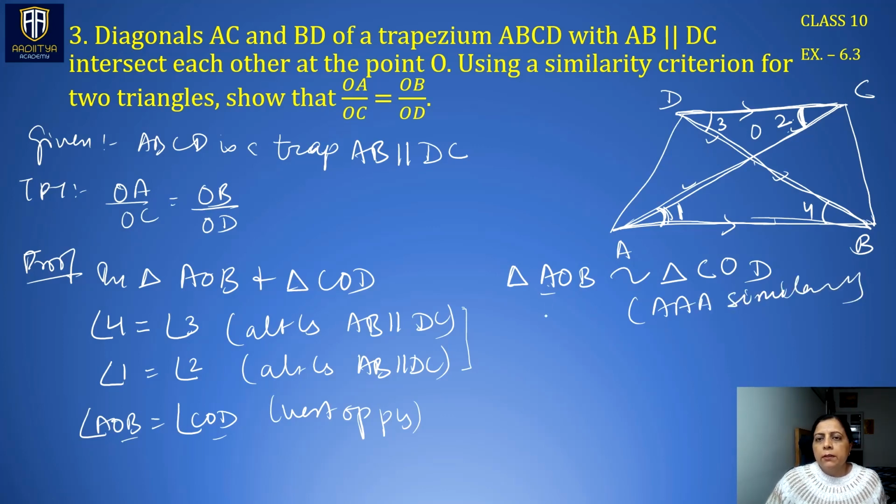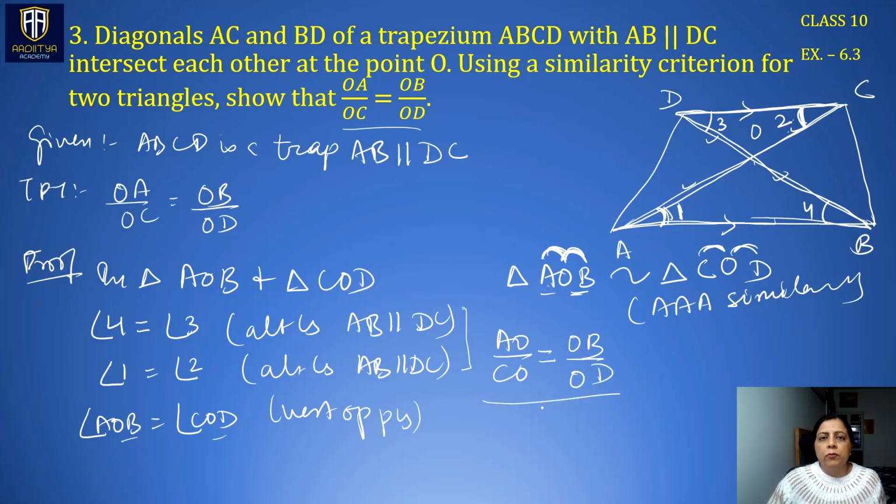Right? So by this, if we have to write the ratio of these sides, if you write the proper order, if it is correct, you can take ratio as AO, the first two letters here, first two letters here. So AO upon CO is equal to OB, second and third letter, second and third letter. It automatically comes out to be same ratio.